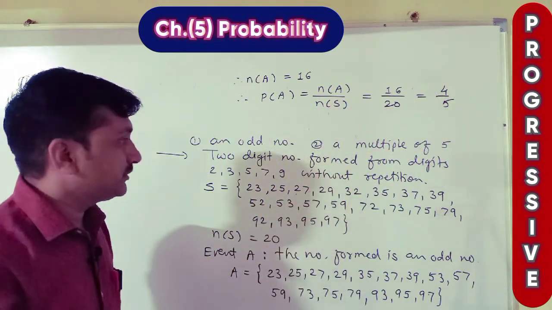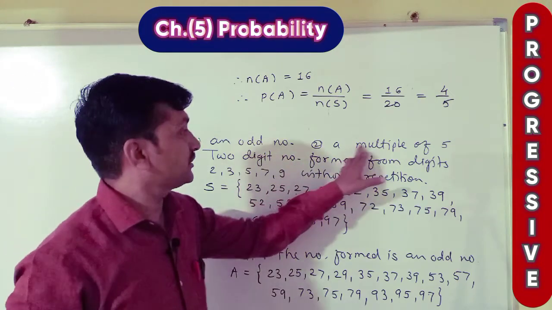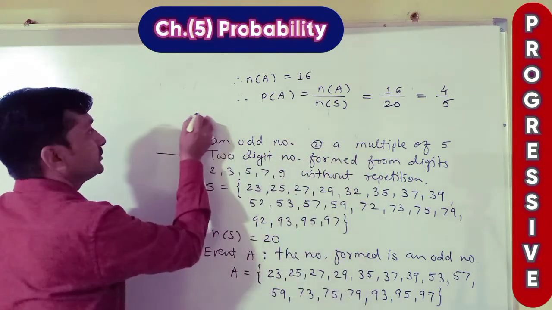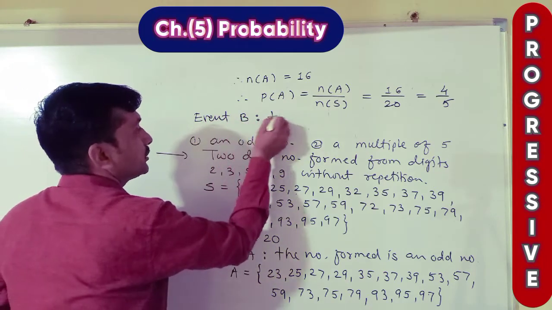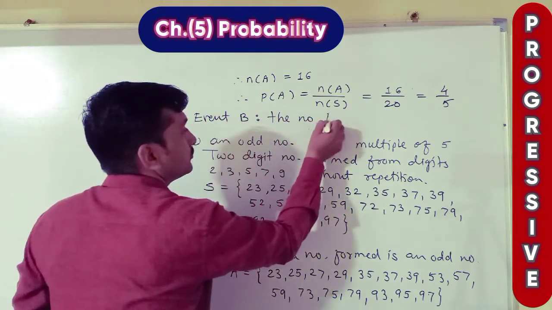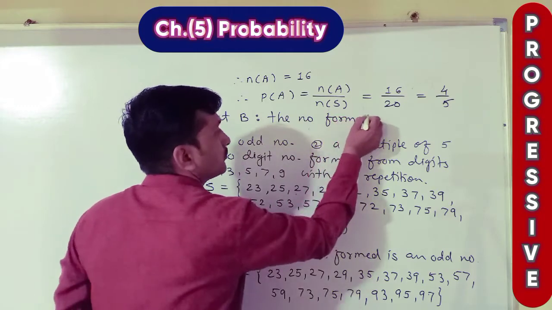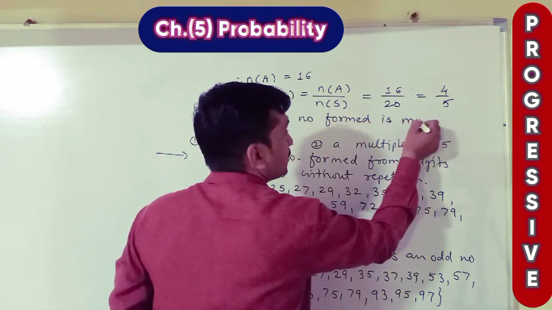Now event B. Event B is here, multiple of 5. Therefore here I write event B: the number formed is a multiple of 5.